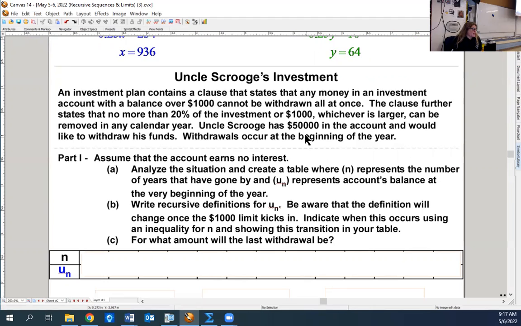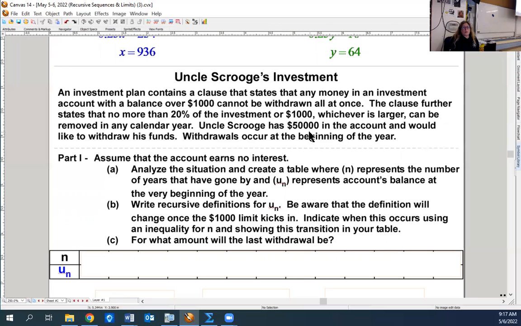Uncle Scrooge has 50,000, right? So he can't just take 50 grand out at once. Okay, another rule says that no more than 20% or $1,000, whichever is larger, can be removed in any calendar year. So guys, the first year, which would Uncle Scrooge want to do? Remove 20% or 1,000? Which one's bigger?